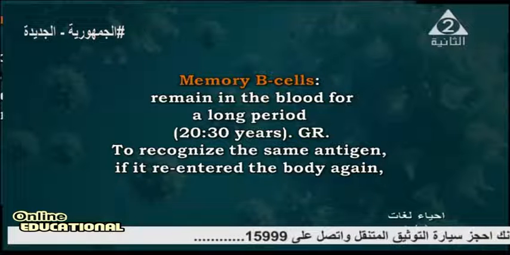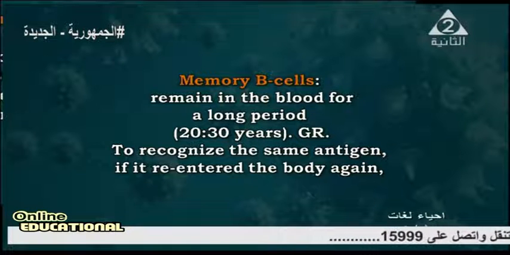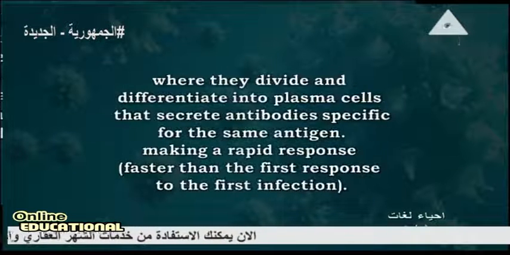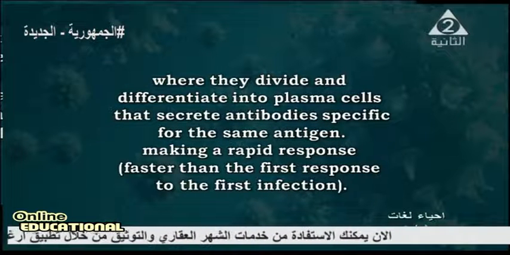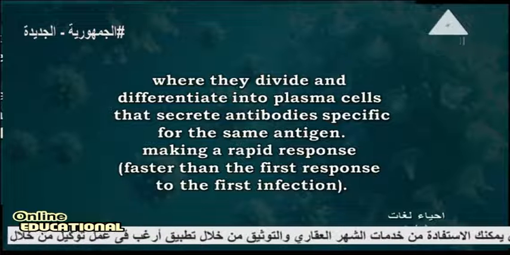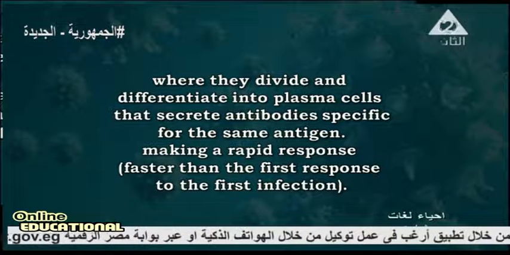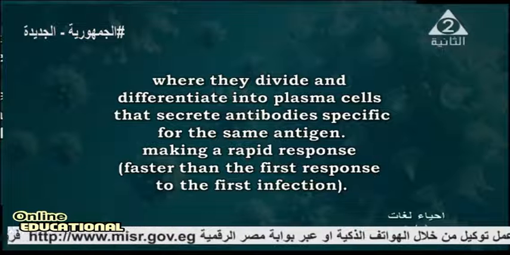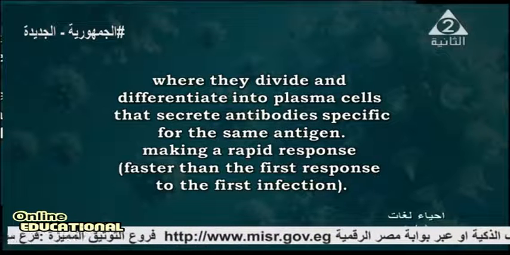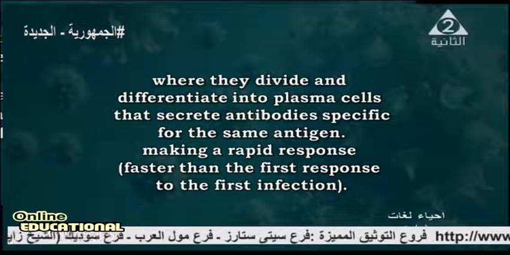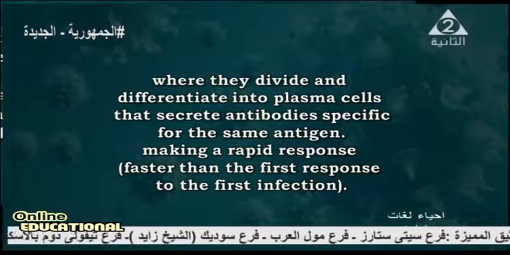If there is invasion by this bacteria, the memory B cell can kill it and prevent this infection from occurring. They divide and differentiate into plasma cells that secrete antibodies specific for the same antigen, making a rapid response, faster than the first response to the first infection.